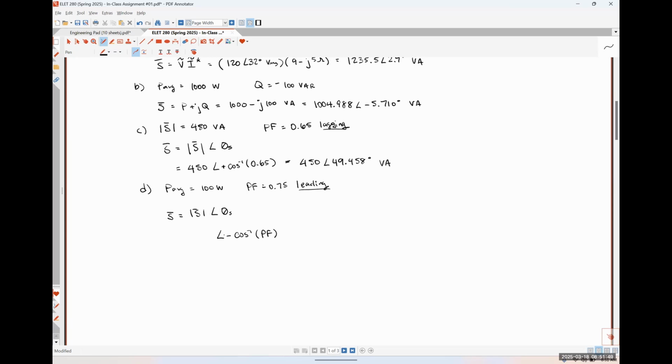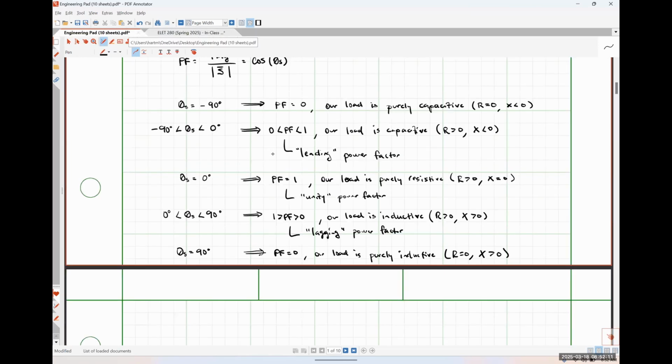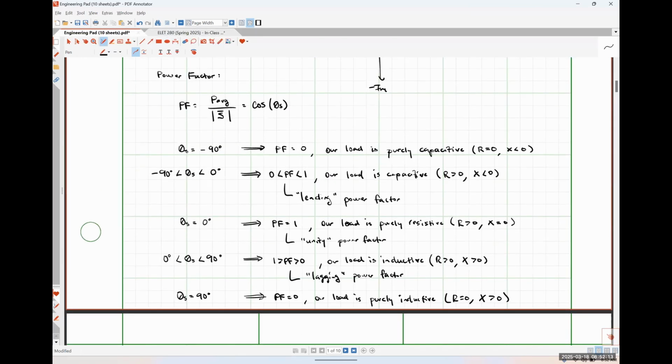So now my question to you all is, how am I going to get my apparent power from average power and power factor? Exactly right.